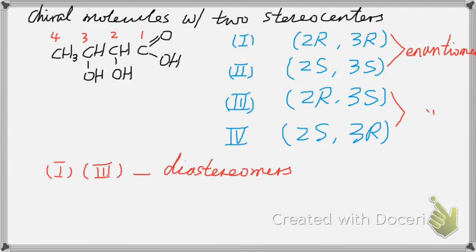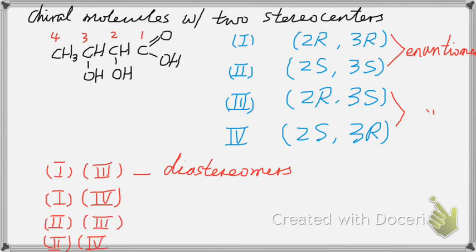Okay, so same thing is true for molecule 1 to 4, molecule 2 to 3, molecule 2 to 4. They are stereoisomers that are not enantiomers, so their relationship will be diastereomers.